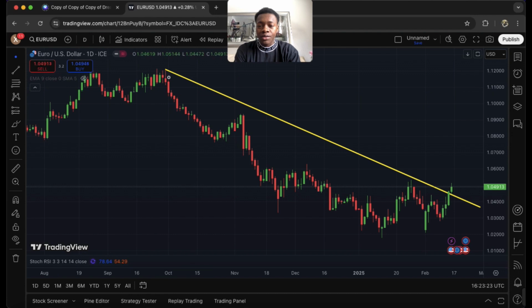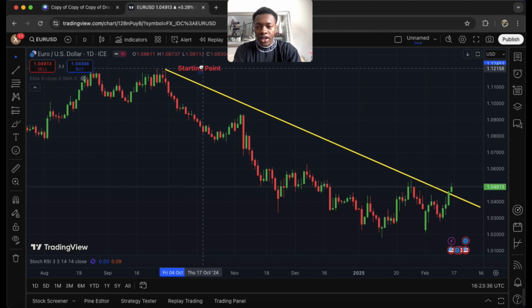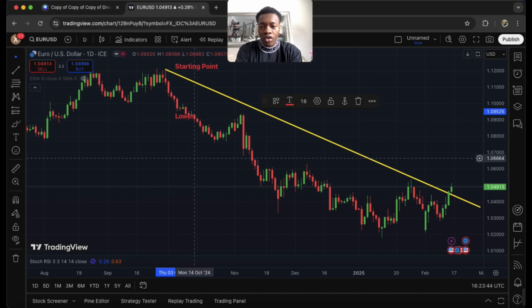So from this point, the starting point, let's just type that out. So right here is the starting point of where we're actually looking at to identify this trend. And then from here, the market dropped down here, and this created a lower low.